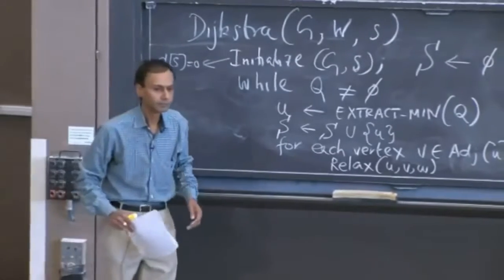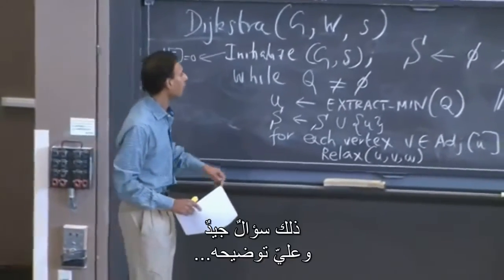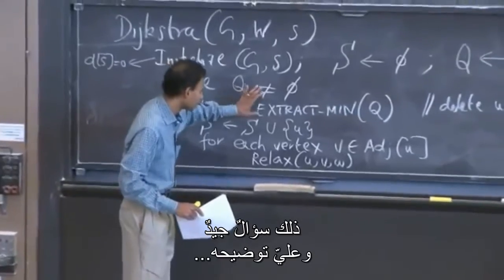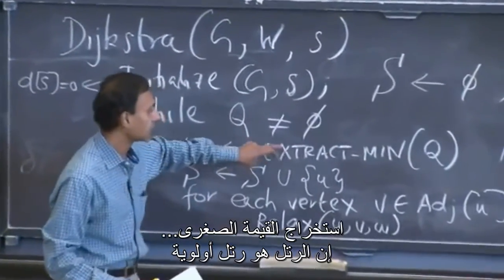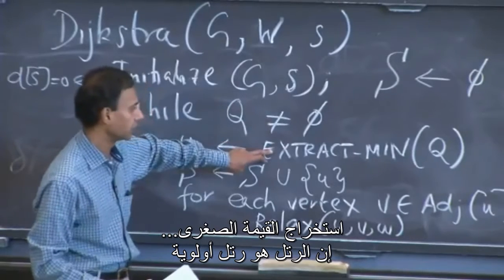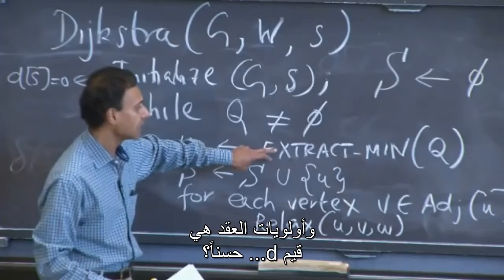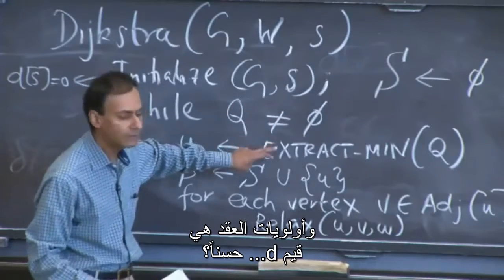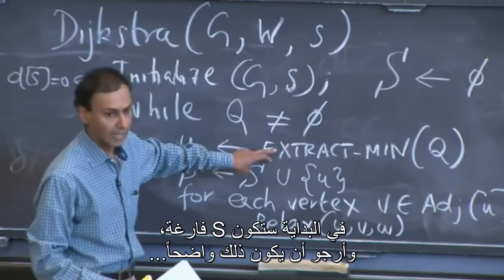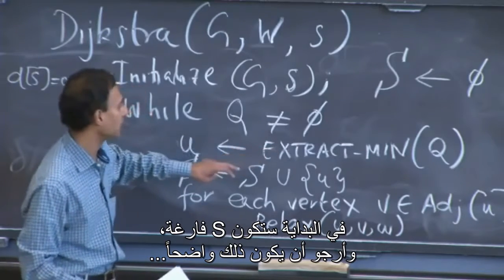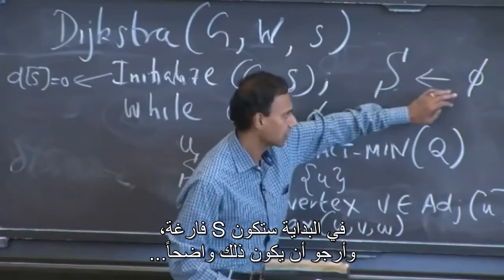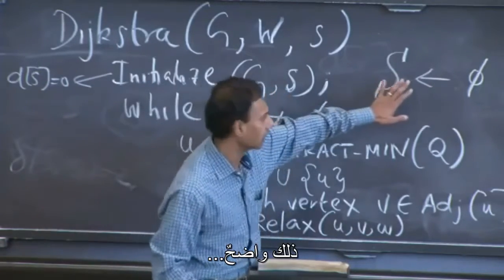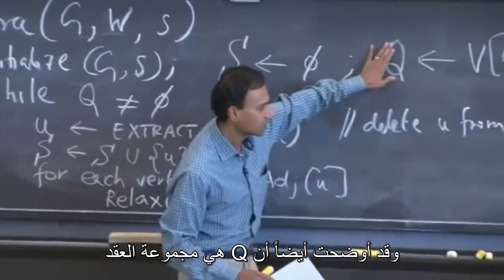Yeah? How are the vertices comparable? Oh, that's a good question, and I should have made that clearer. Extract min works because Q is a priority queue, and the priorities of the vertices are the d values. Initially S being null is clear, and Q being the set of vertices is clear as well.